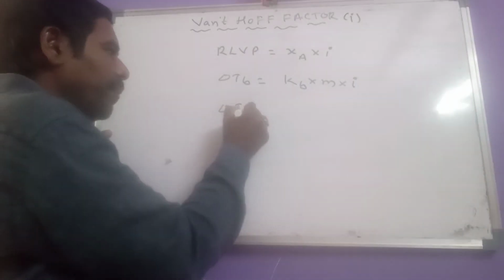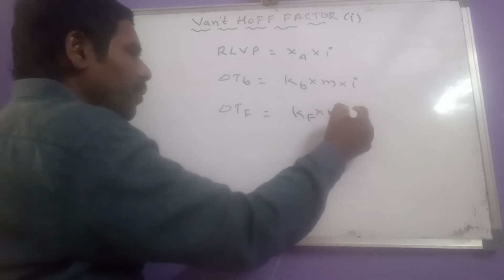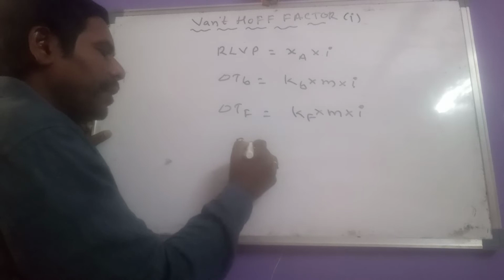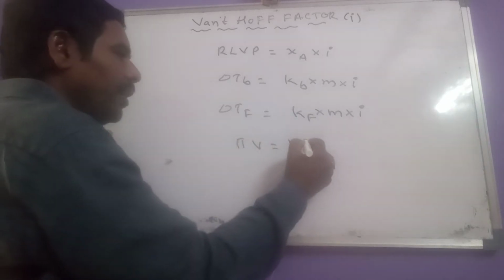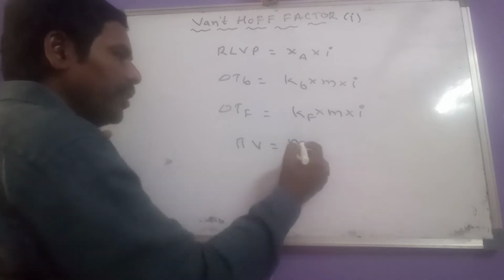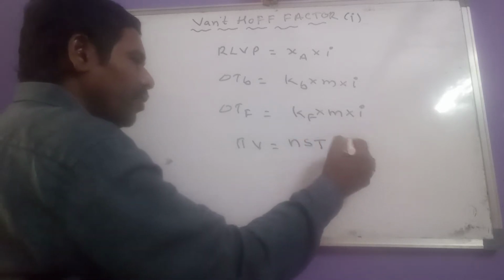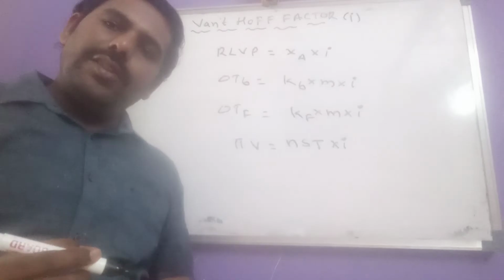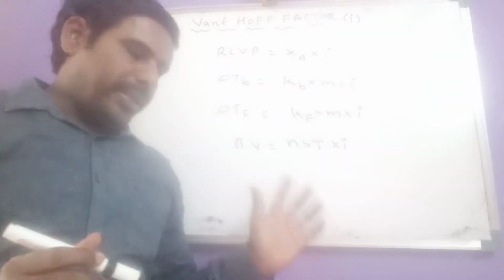Then depression in freezing point is Kf into m into i, and osmotic pressure is pi V equals nST, or you can use nRT also, nST into i. So like that, to account for dissociation or association, this van't Hoff factor is introduced.